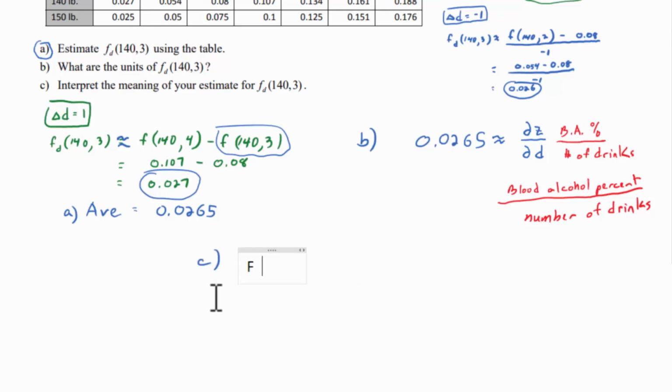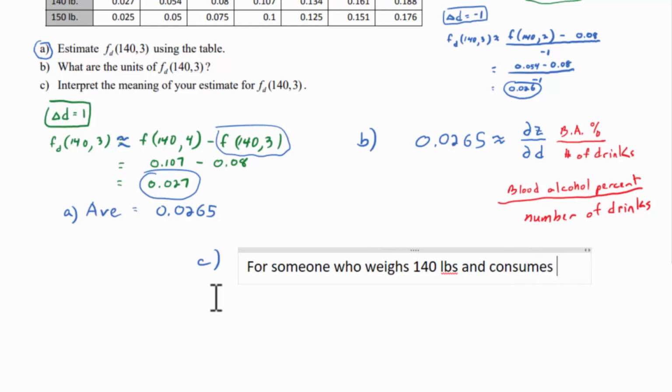So for someone who weighs 140 pounds and consumes how many drinks? 3 drinks. Okay, what's happening? It'll increase by 0.0265 for every additional drink.